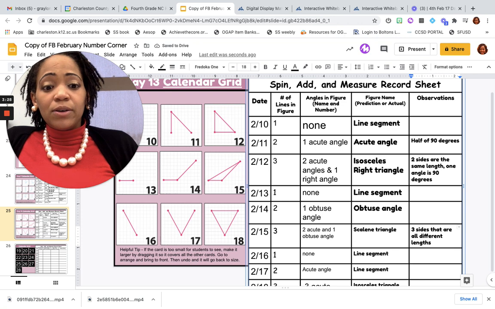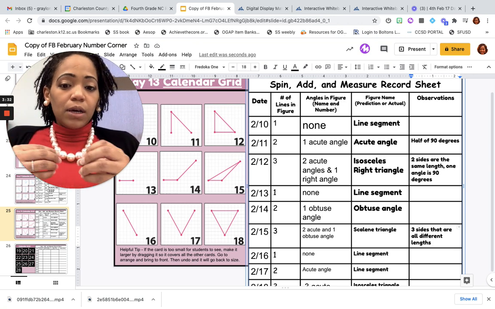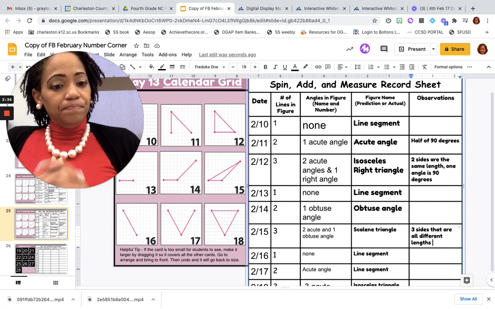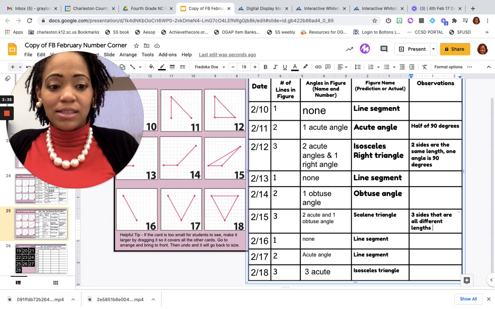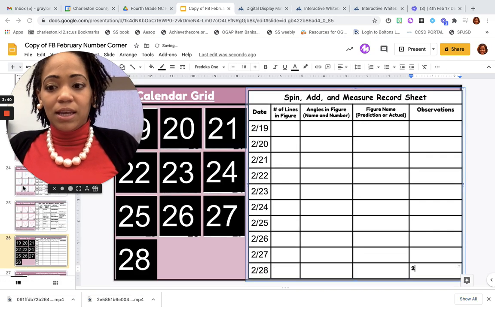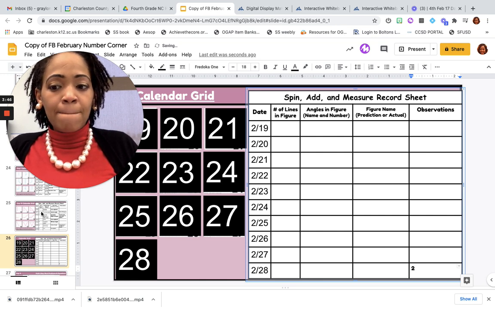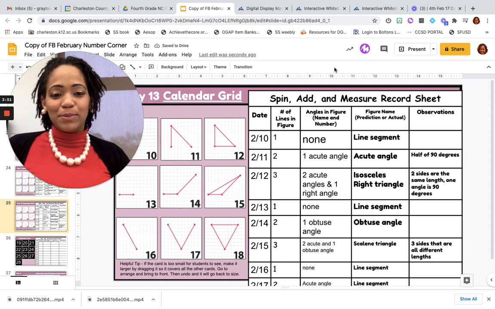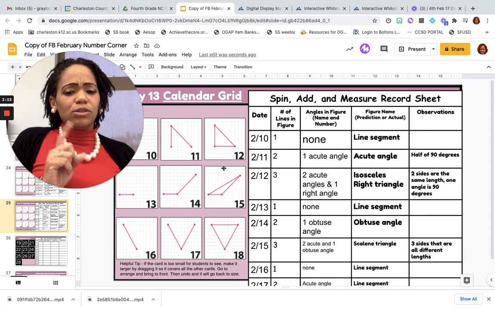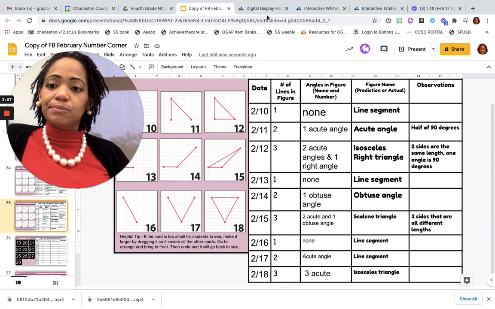And we already know that there are 2 acute angles and 1 obtuse angle. And then for today's, we can say again that 2 sides are the same length. I will add that, and you'll see that the next time we look at our calendar grid. And I'll also double check to make sure that that is for sure an isosceles triangle.